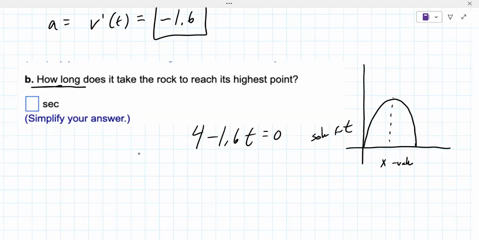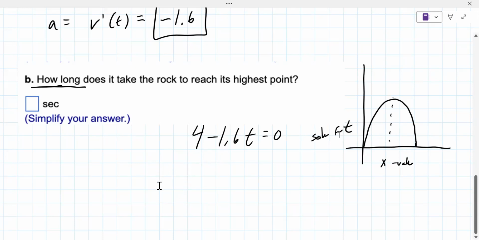I got negative 2.5. But think about what you just said. It's time, negative 2.5 seconds. Does that even make sense to you? Have you ever told someone I'll be there negative 2.5 seconds or hours? No. So you've got a sign error, and that's it.